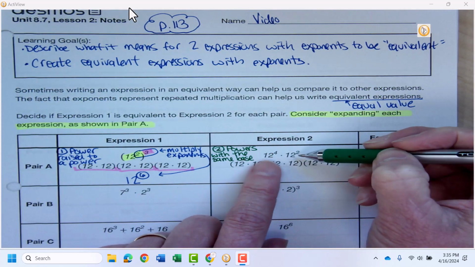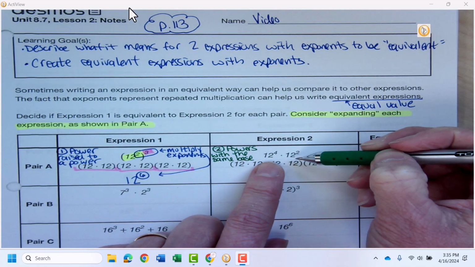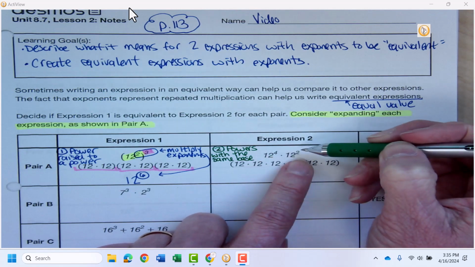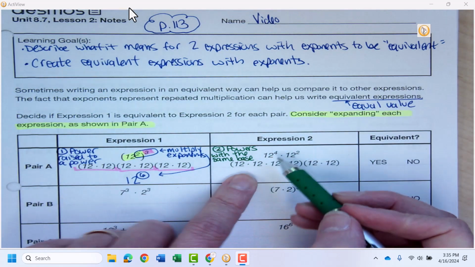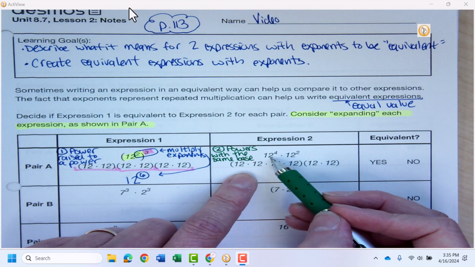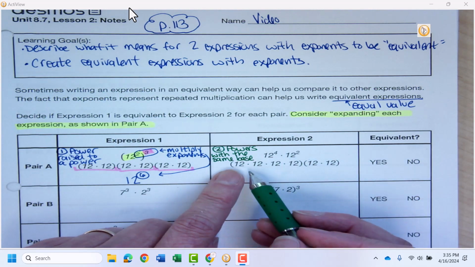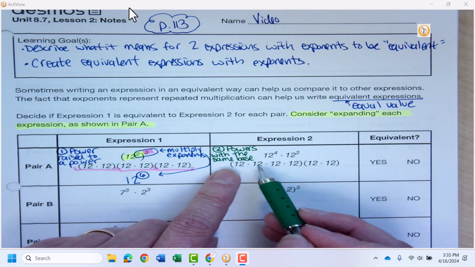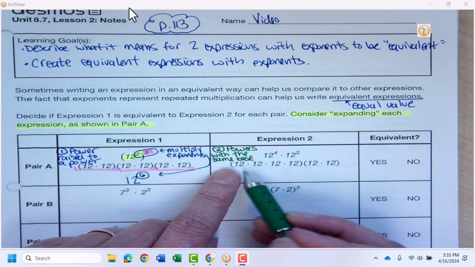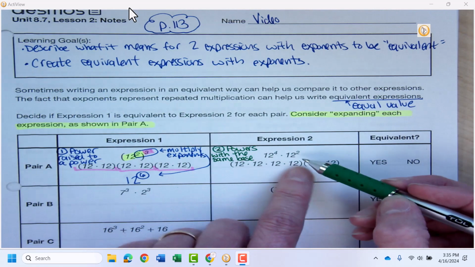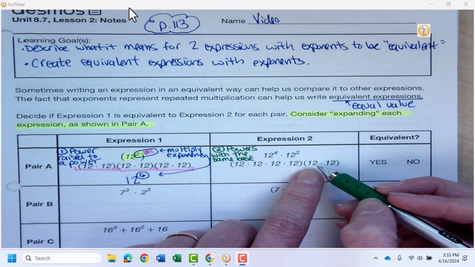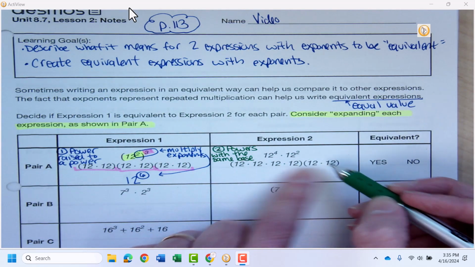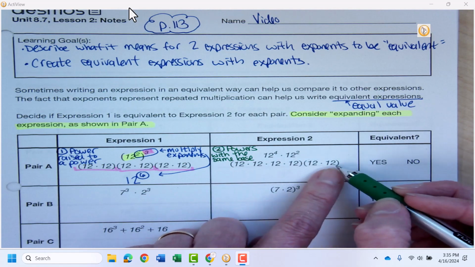When we have two powers that have the same base, let's look at what happens with the exponents. The exponent tells me how many times the base appears as a factor. So 12 to the fourth power means that I'm going to have 1, 2, 3, 4 factors of 12. And 12 to the second power means I'm going to have 1, 2 more. So in total, I have 1, 2, 3, 4, 5, 6 factors of 12.